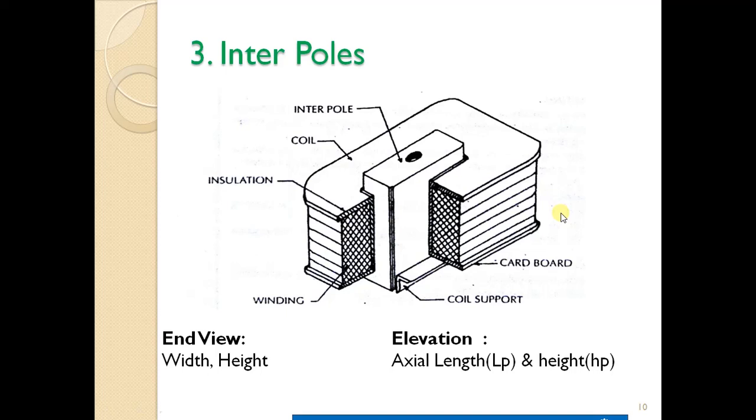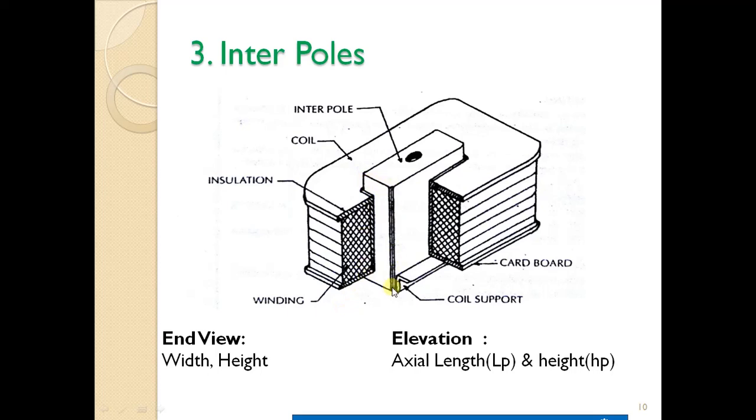There will be a pole between the main poles, that is nothing but your interpole here. So it will be rectangular in structure. Here in this diagram you can see this is the interpole, and this is the interpole winding which is wound on that rectangular bar. This rectangle is nothing but your interpole. And obviously from the front view, the end view, it looks like a rectangle.